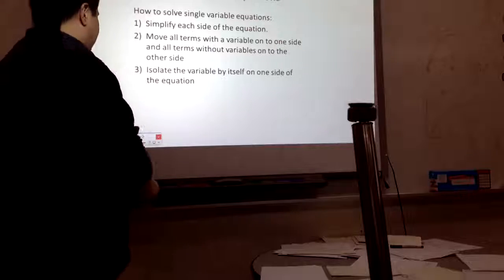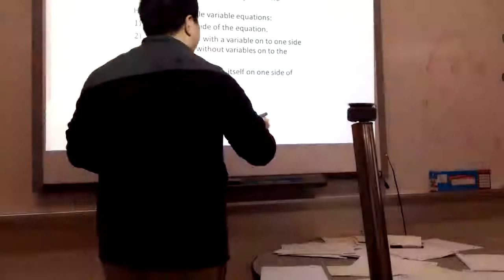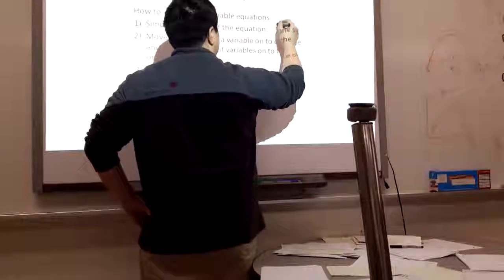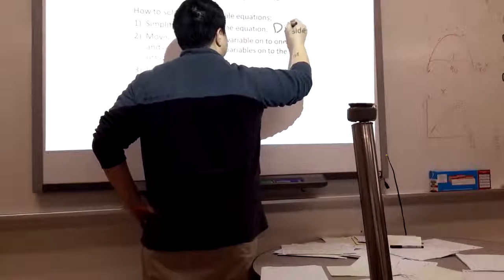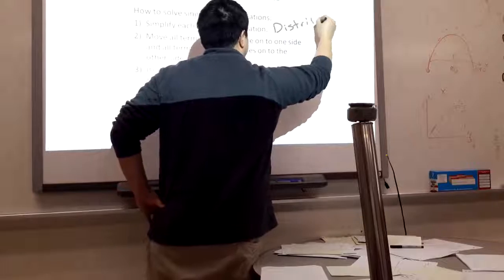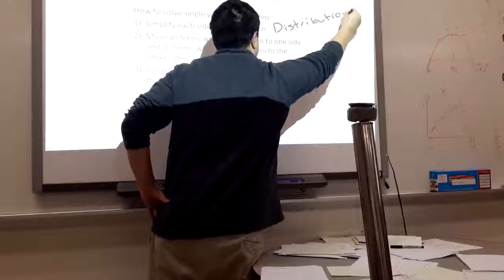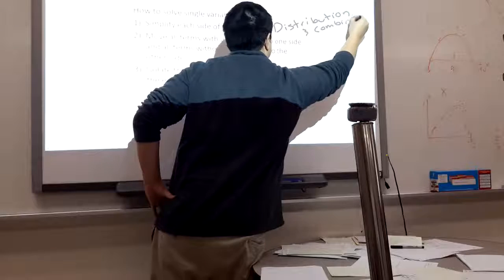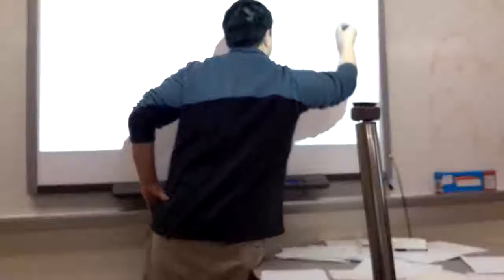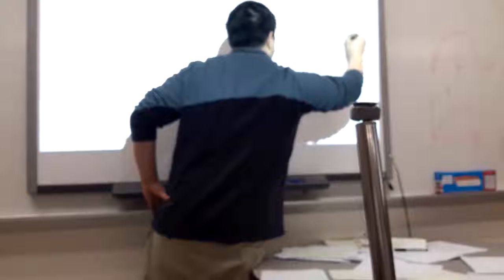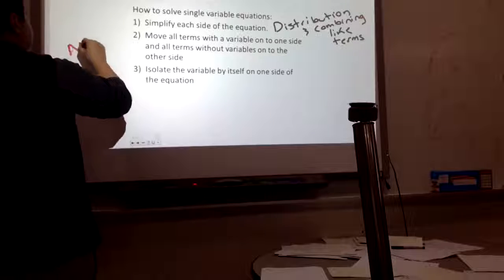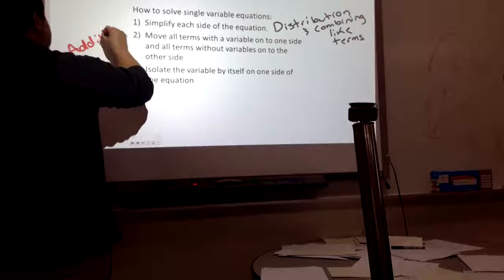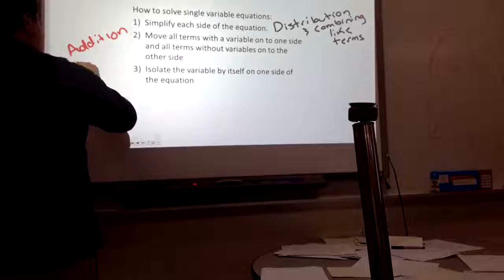The operations that we are going to do in step 1 are distribution and combining like terms. The operations we're going to do in the second one are addition and subtraction.